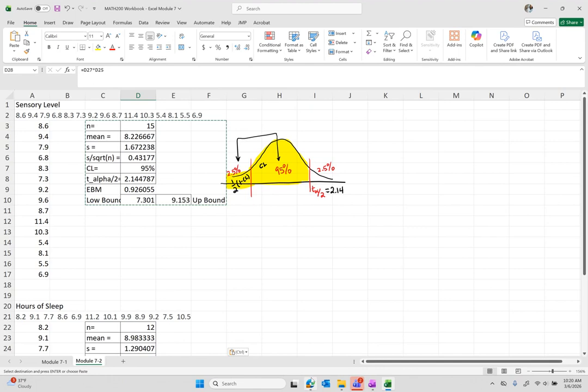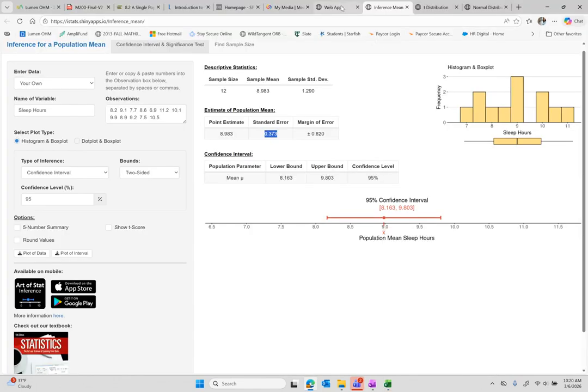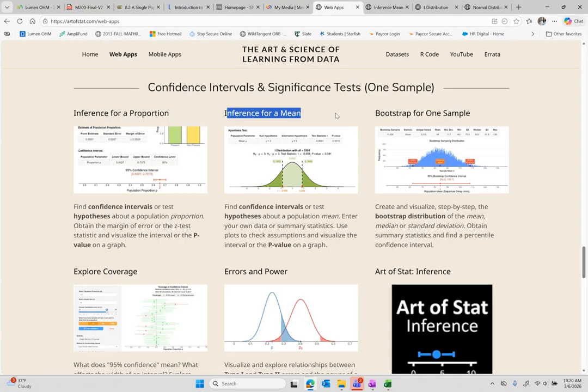For this reason, when you are in the Art of Stat apps, you are now using apps that refer to the statistics you will be conducting, which is inference for a mean. So you are inferring some conclusions for a population mean that you don't know based on sample data that you collected.